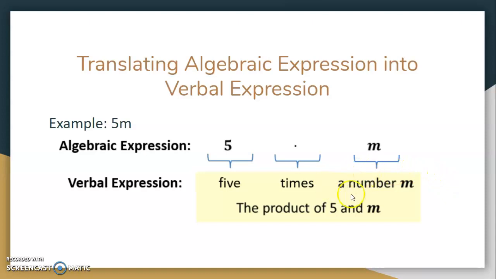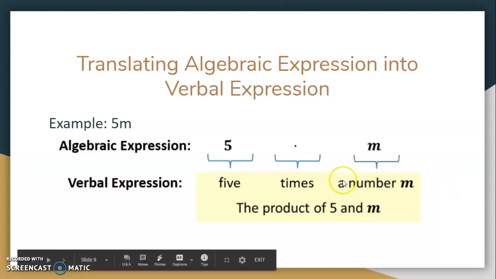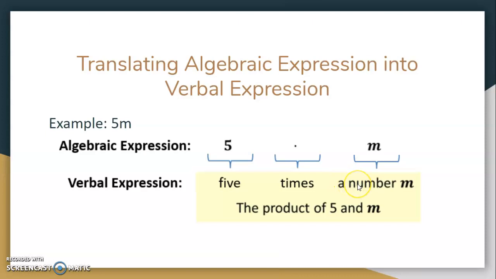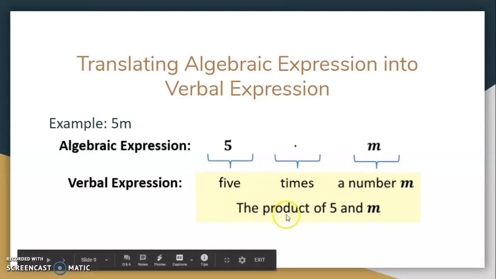And it's important to put a number in there because that means that m can be any number. It's the variable that varies depending on what it is. So 5 times a number m. And then we would say the product of 5 and m.